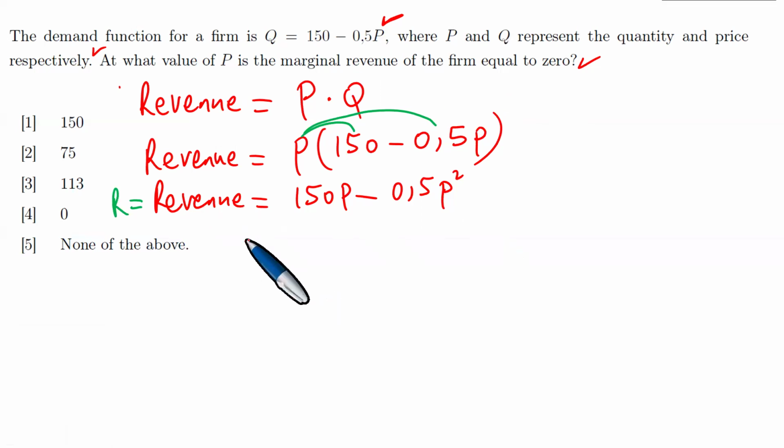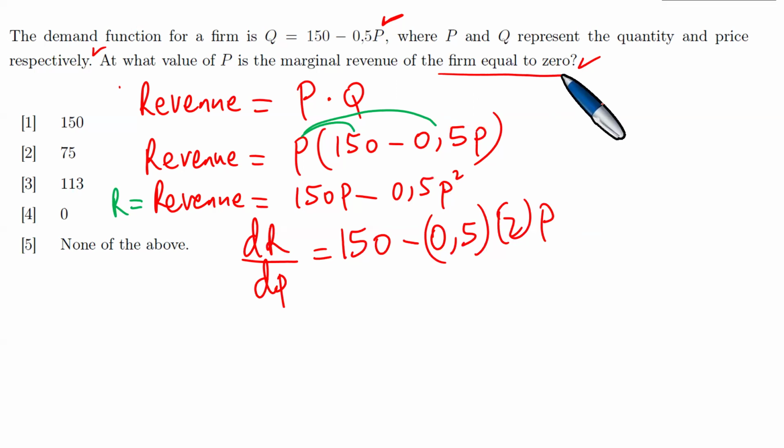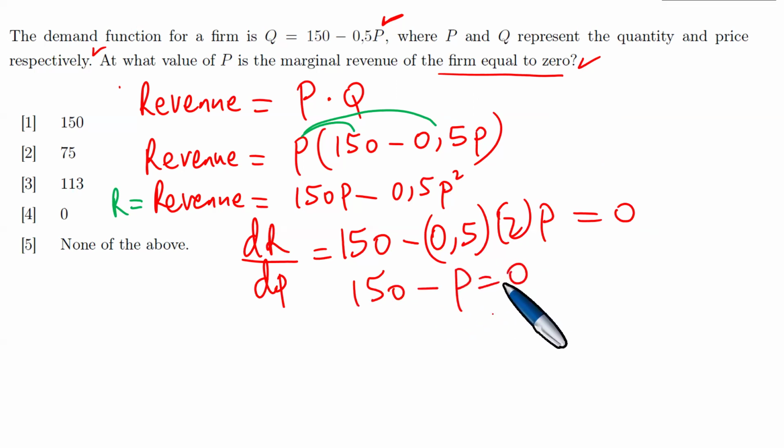Marginal revenue is the derivative of this one with respect to P, which is 150 minus 0.5 times 2P. Okay, so the marginal revenue of the firm equals 0, which means therefore you have 150 minus P equals 0, and P equals 150.